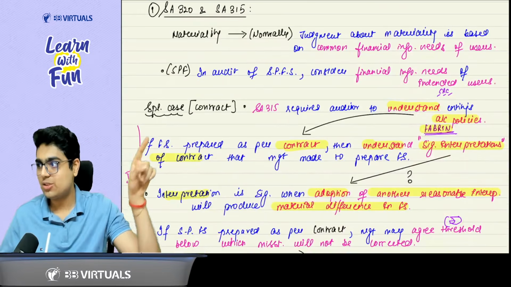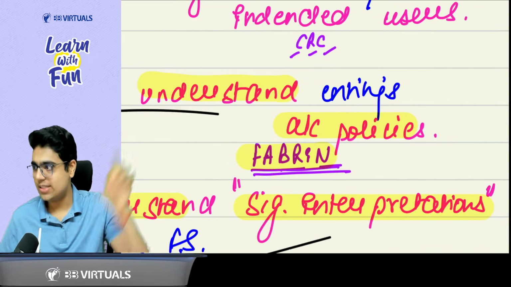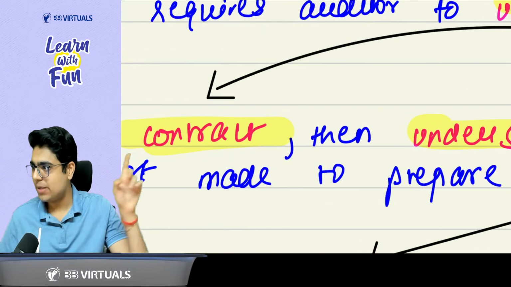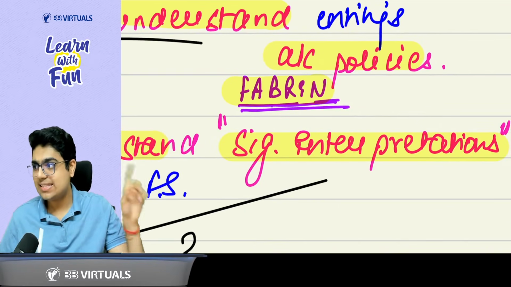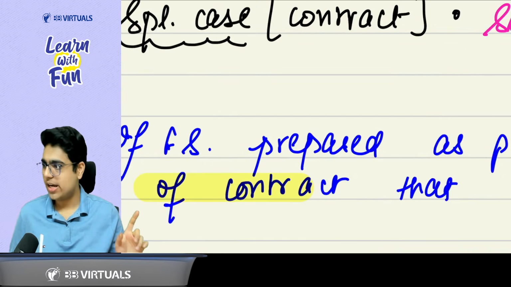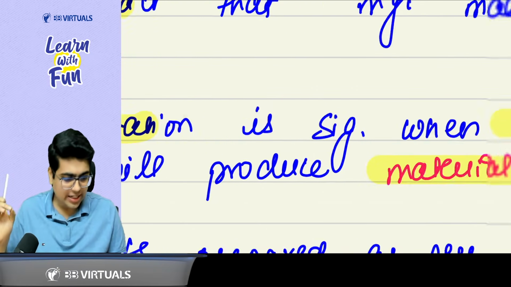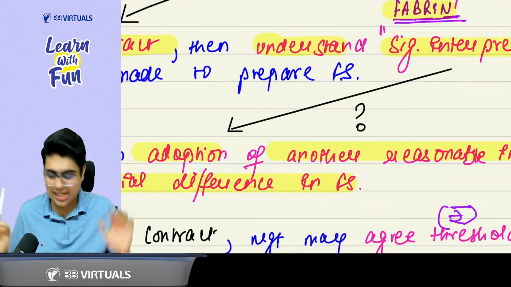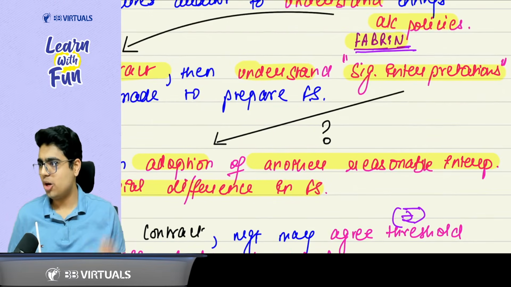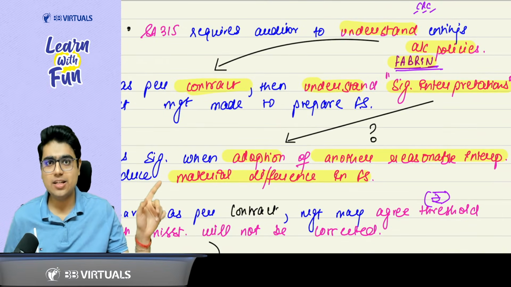Now comes a special case of contract, that as per SA 315, I need to understand accounting policy. But because the financial statements are prepared as per contract, I will understand significant interpretations of the contract. What is a significant interpretation? An interpretation is significant if you adopt another reasonable interpretation, then it will lead to a material difference in the financial statement.